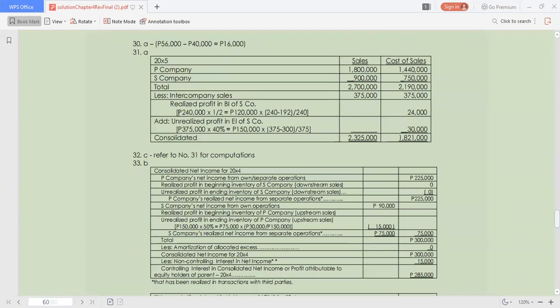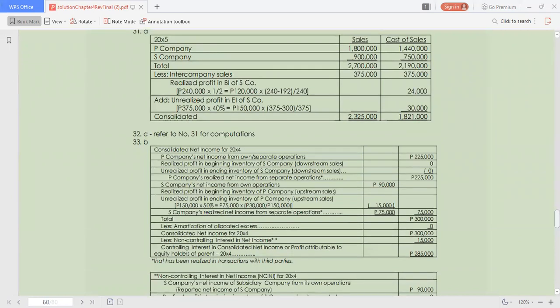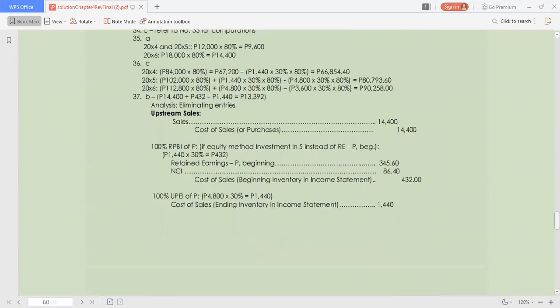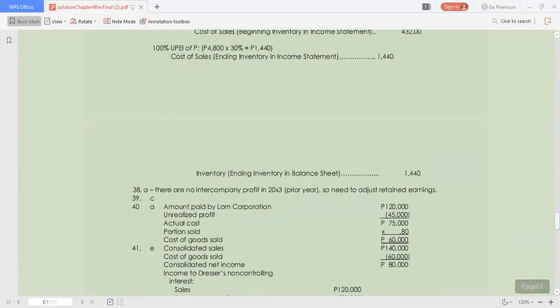For number 39, what amount of sales? The answer is letter C. We are asked for the amount of sales that should be shown in the consolidated income statement. The sales to unaffiliated companies were 140,000, and we have the intercompany sales of 120,000.